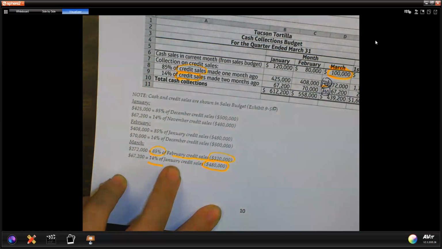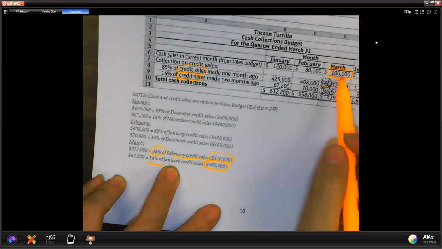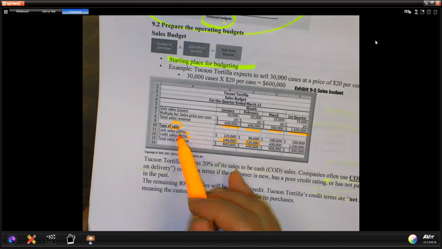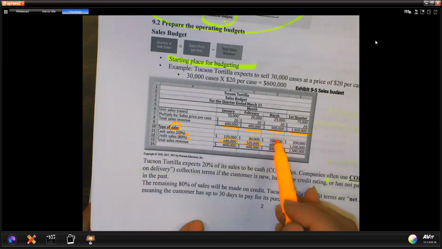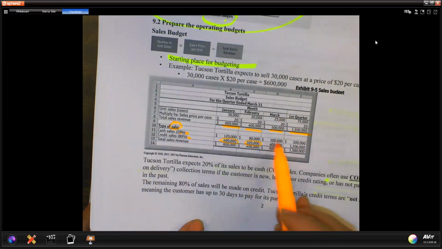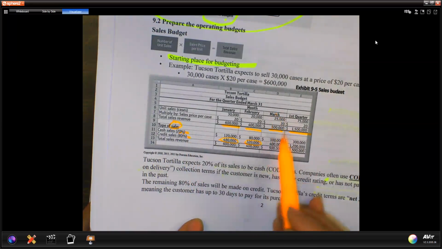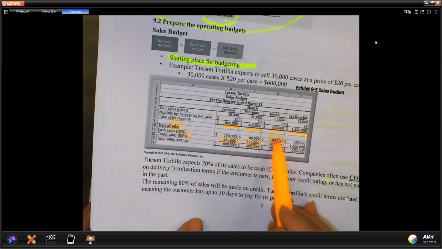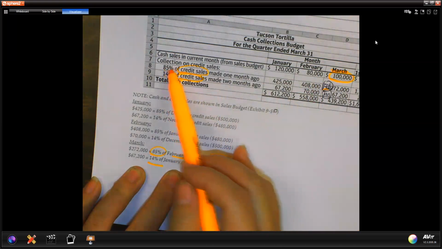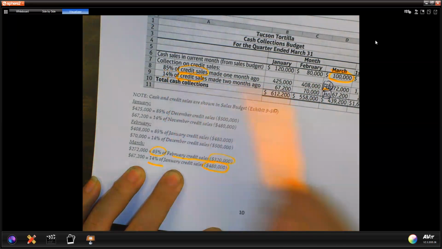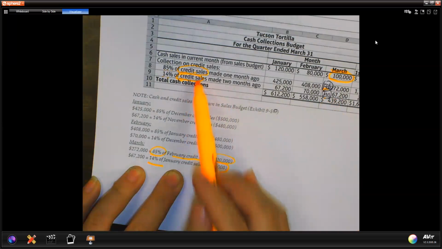So in March you collected 20% of your March sales, which is your cash sales. Cash sales is 20% of your 500,000 total revenue. So March collected 20% of the sales as cash, and March also collected 85% of your February credit sales and 14% of your January credit sales.